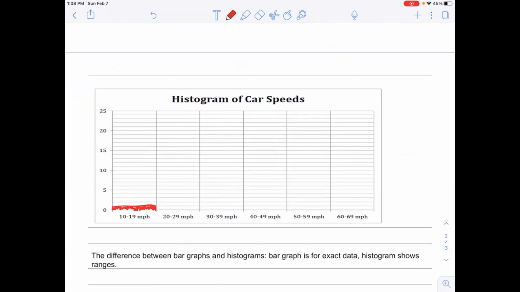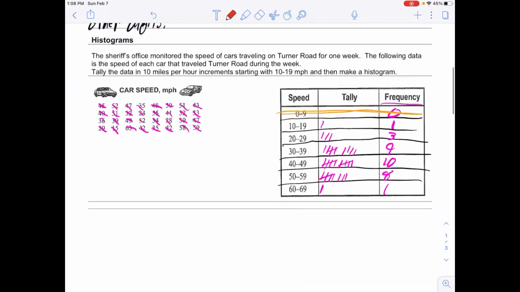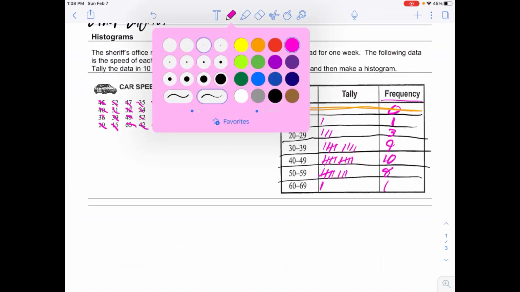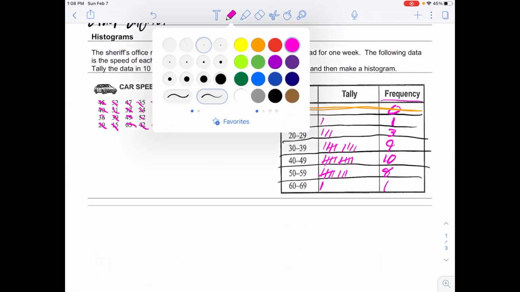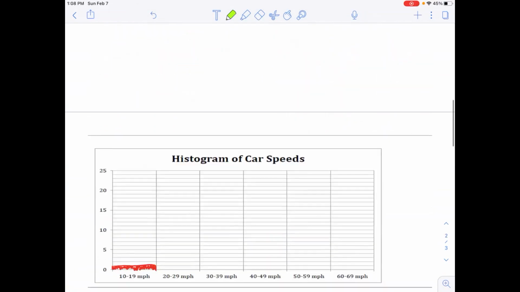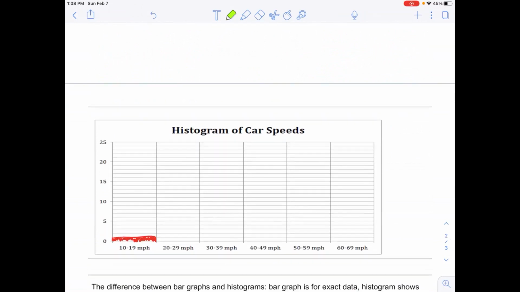My next is the 20 to 29. I have 3 cars that were between 20 and 29 miles per hour. So this bar is 3 tall.